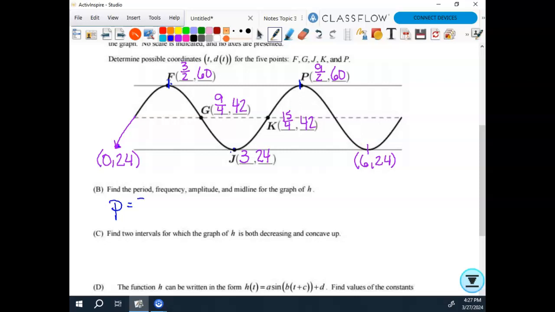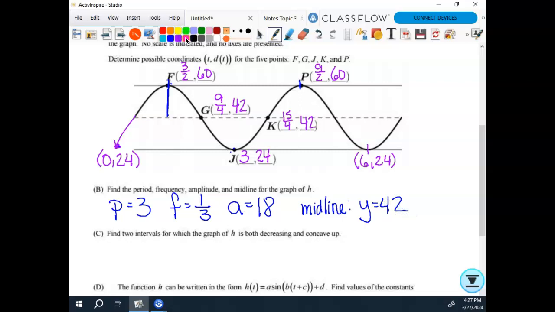Your period is just 3. Frequency is the reciprocal, it's 1/3. Amplitude is this distance right here. It is a y value, so 60 minus 42, that is 18. And then your midline is an equation of a line, and so that would be y equals 42.